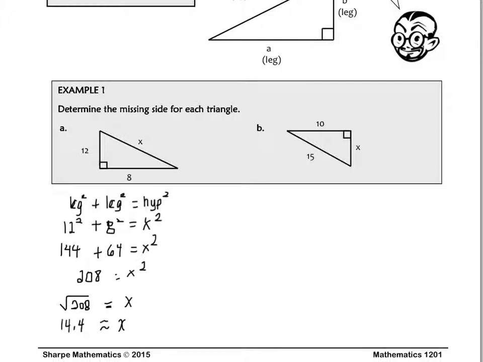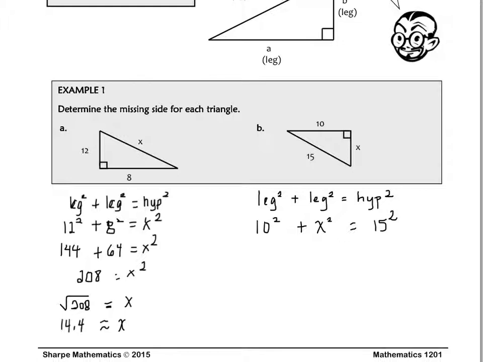So the next example, we have again a right triangle, so we can use the formula for the Pythagorean theorem again. Leg squared plus the other leg squared equals hypotenuse squared. And the two legs in this case are 10 and x, so 10 squared plus x squared equals 15 squared, which is the hypotenuse.